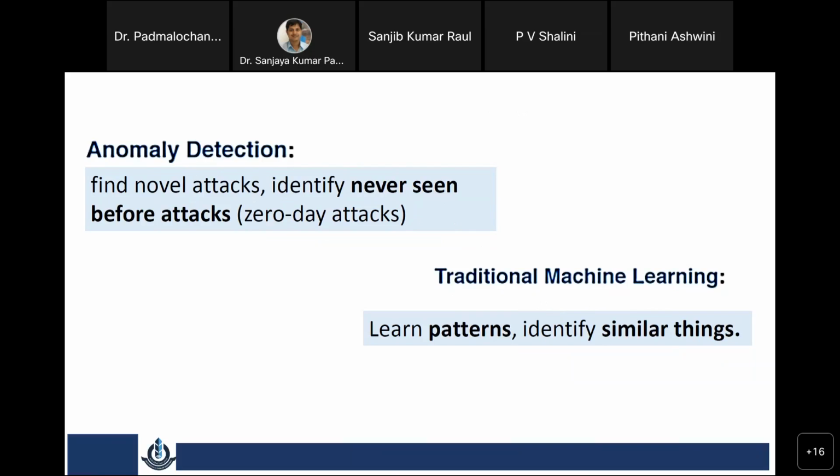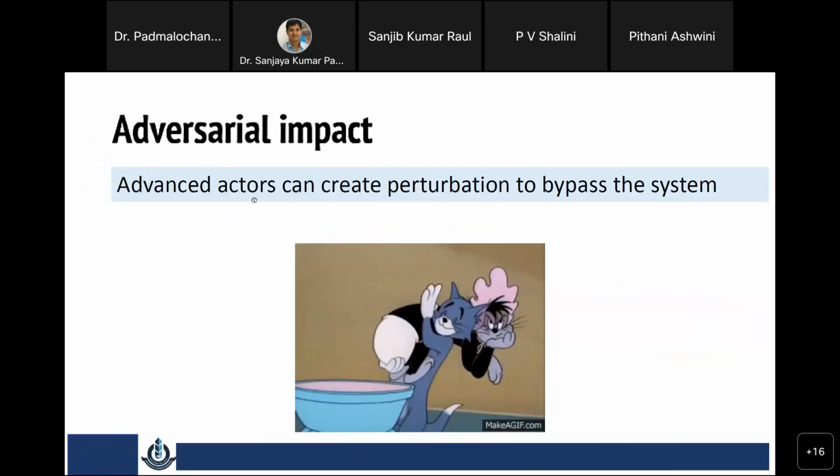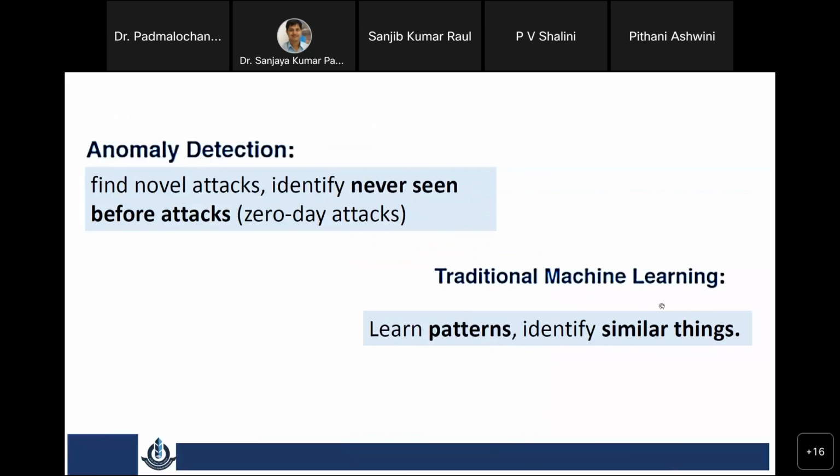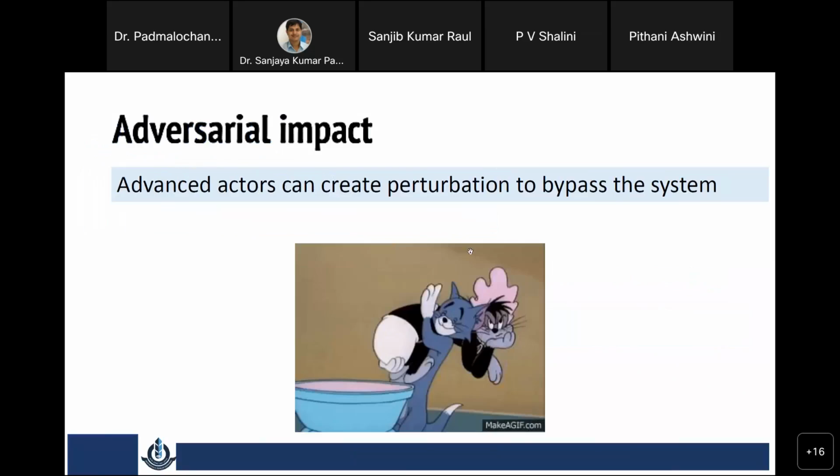techniques are good for learning patterns or identifying. Okay, machine learning techniques can train the system for learning patterns and identify similar kind of things. So therefore these two can be integrated, and obviously very important, advanced actors, meaning attackers, can create small changes in the packet and try to bypass your intrusion detection system, right?